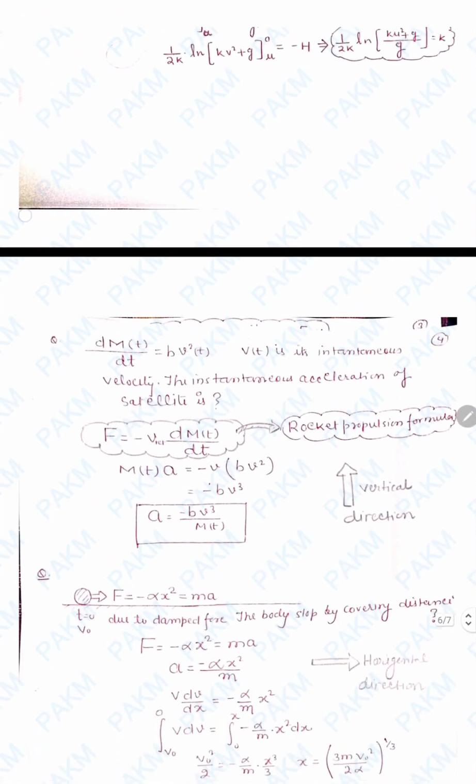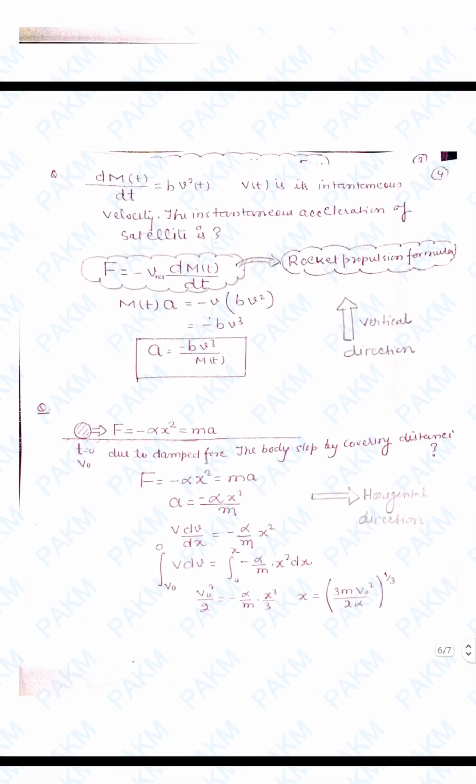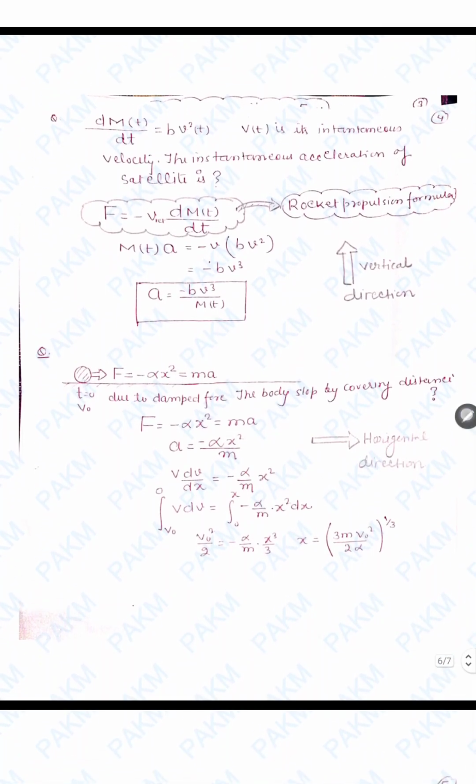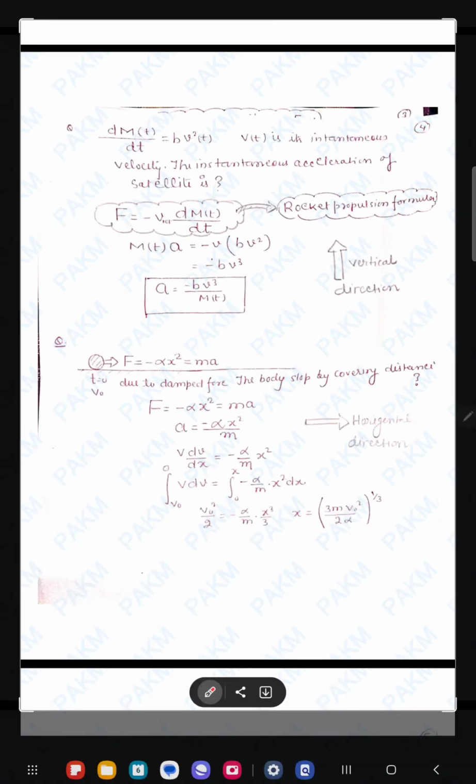Now this is also an important question. In the given question, we have been given the rate of change of mass, that is b v square, a function of t. Now as you know, F is equal to v relative times dm over dt.